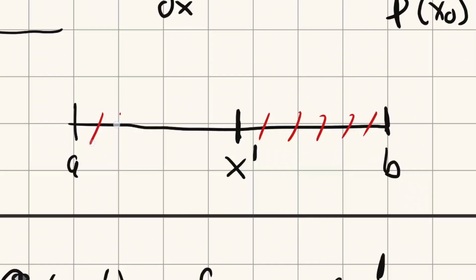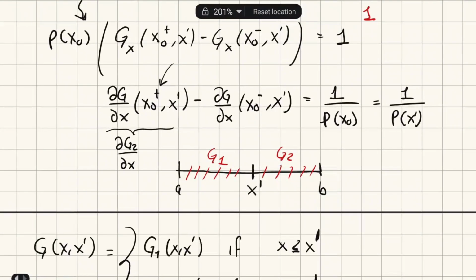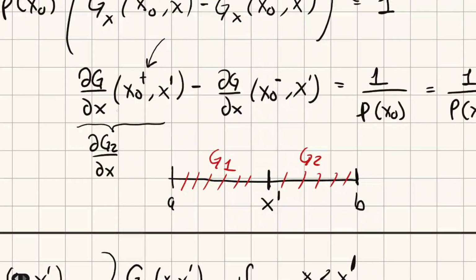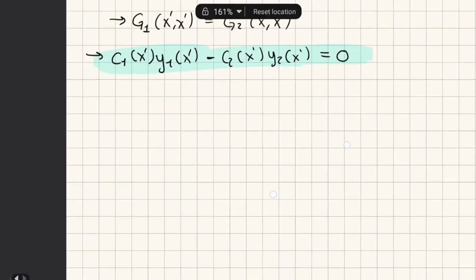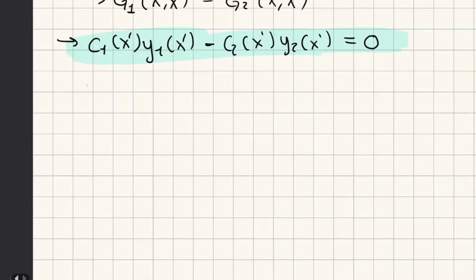And when we approach from the left, we are in the g1 region. Okay, so we will have the derivative of g2 minus the derivative of g1 equal to 1 divided by p of x prime. Okay, so we are going to write this here. So we have the derivative of g2 with respect to x minus the derivative of g1 with respect to x is equal to 1 divided by p of x prime.